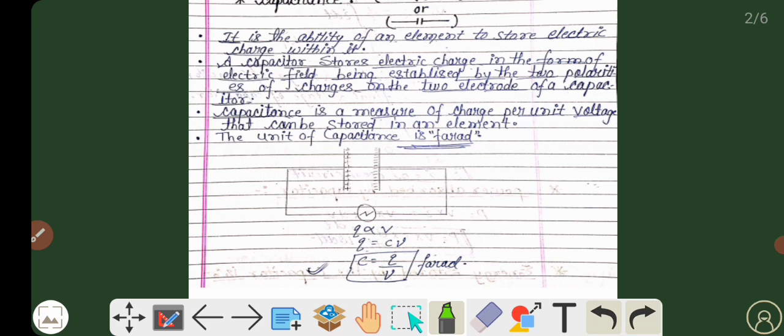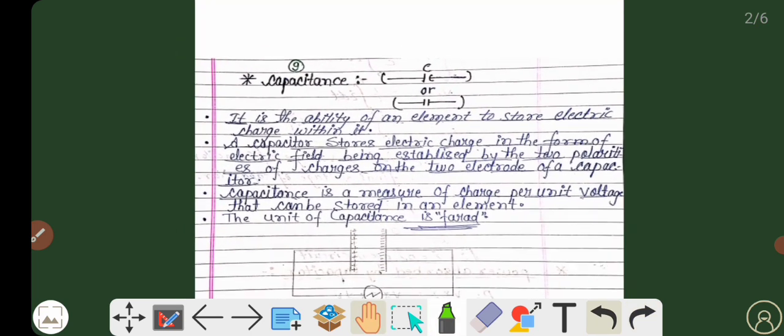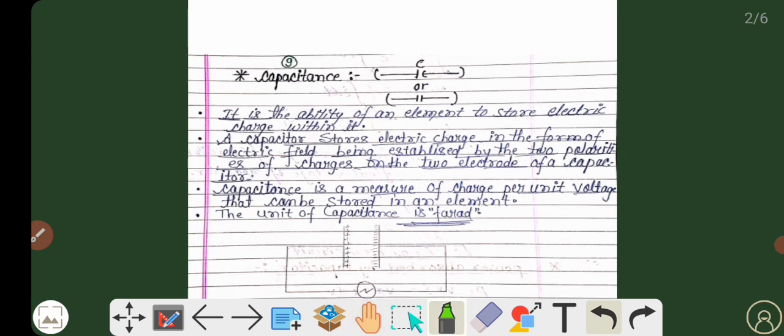Now my dear friends, capacitance is denoted by the capital letter C, and as you can see here, we can denote capacitance by using any one symbol out of these two. These both are basically the same.